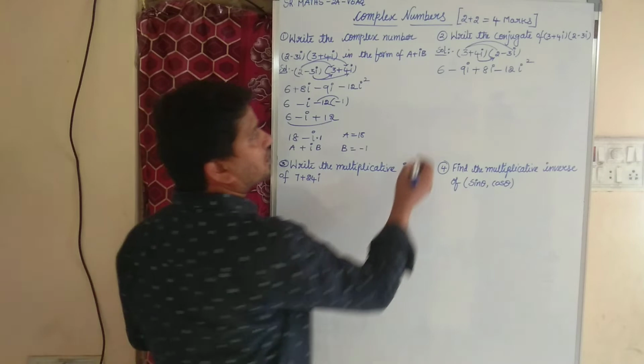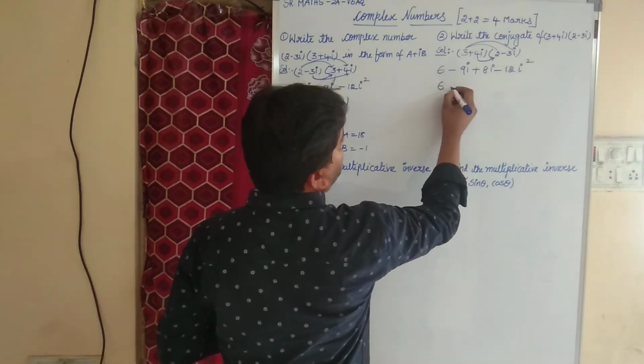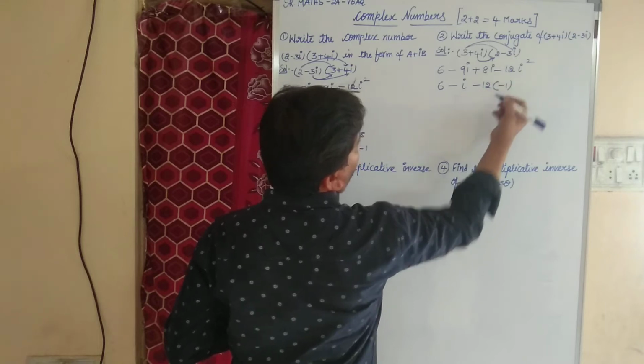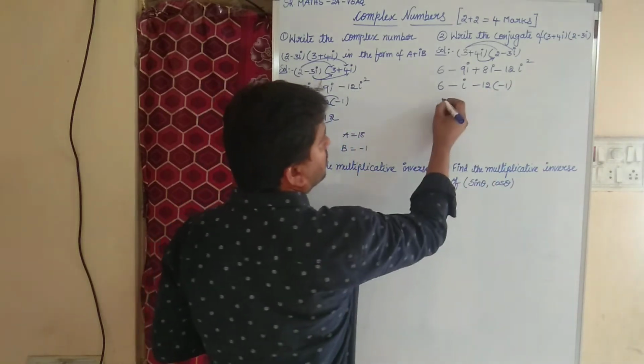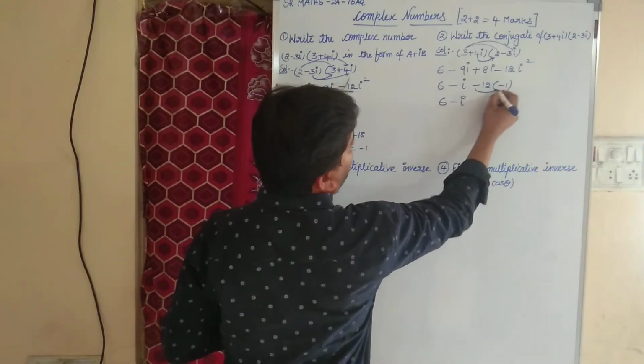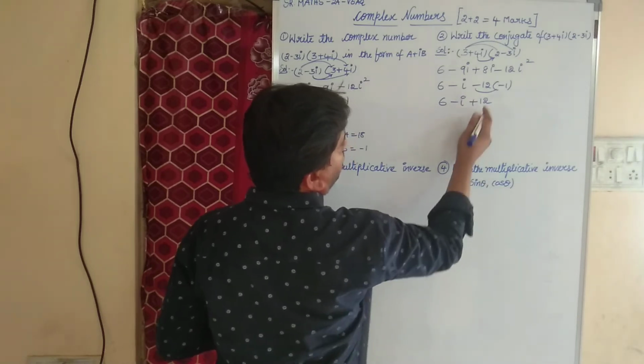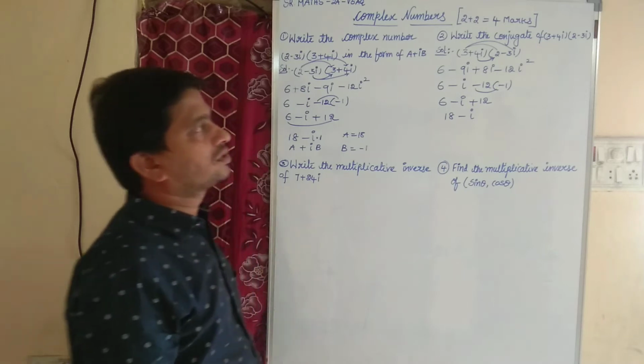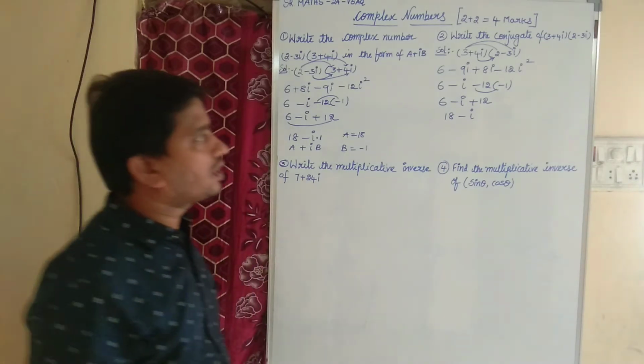So 6 minus 9i plus 8i minus 12 into i square value minus 1. 6 minus i, again minus into minus plus 12. So 12 plus 6 is 18 minus i.